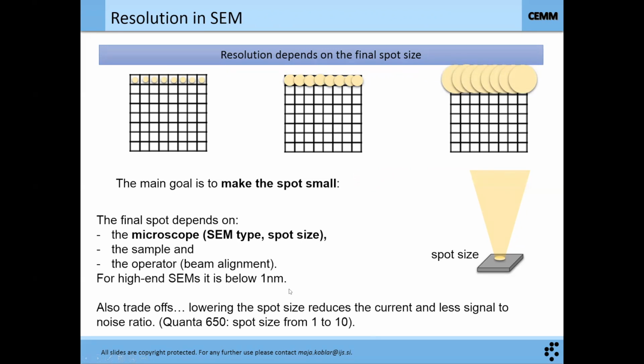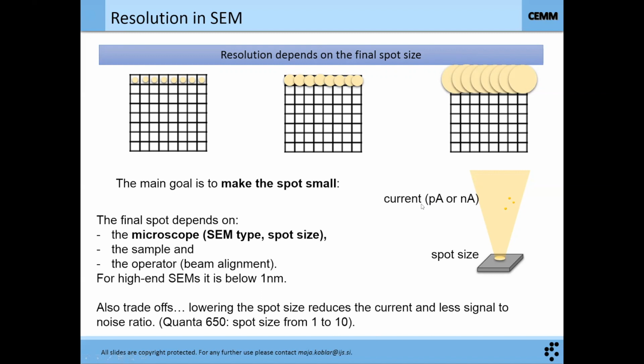And in our Quanta, we have a tungsten source, so this is not similar to a field emission source. You can vary the spot size on the Quanta from 1 to 10, but this is not for higher magnification. This is for example for some samples where features of 1 micrometer or more are to be seen, so not nanometers.